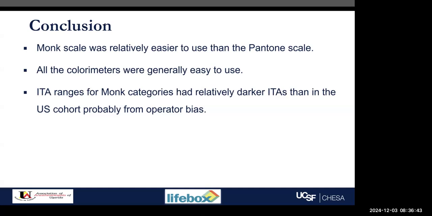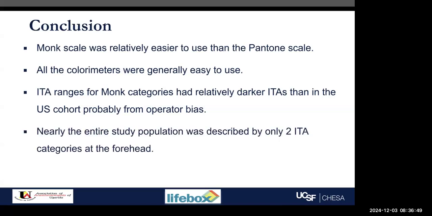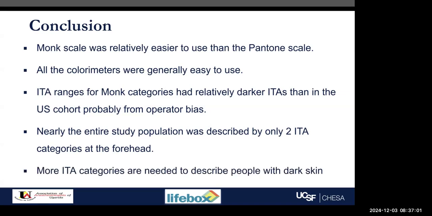And ITA ranges for Monk categories had relatively darker ITAs than in the US cohort, probably from operator bias, which you talked about. And nearly the entire study population was described by only 2 ITA categories at the forehead. More ITA categories are needed to describe people with dark skin based on that banana curve that we showed.